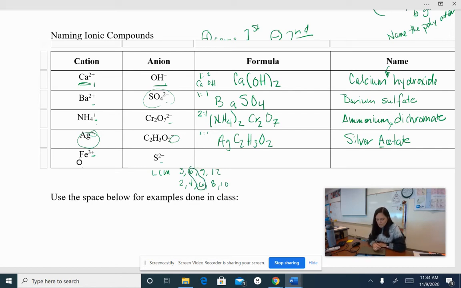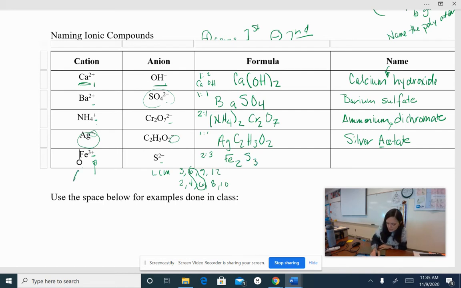So how many irons do I need to have a +6 charge? I need 2 irons. How many sulfides do I need to have a -6 charge? 2 times what gives me -6? I'm going to need 3 of them. So I'm going to need 2 irons and 3 sulfurs.